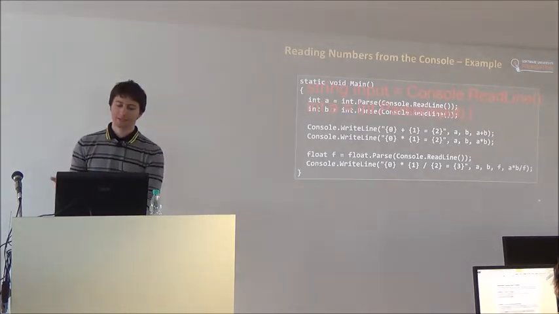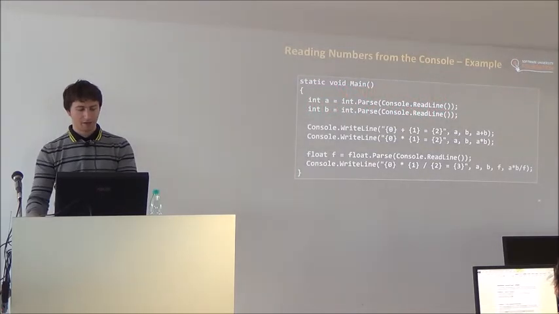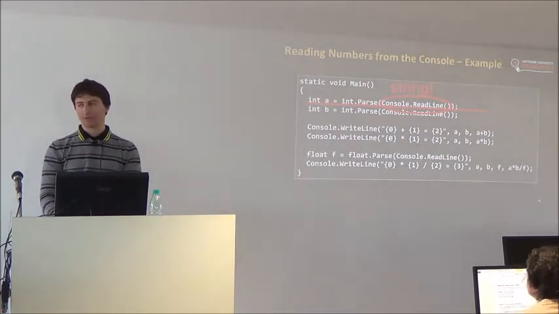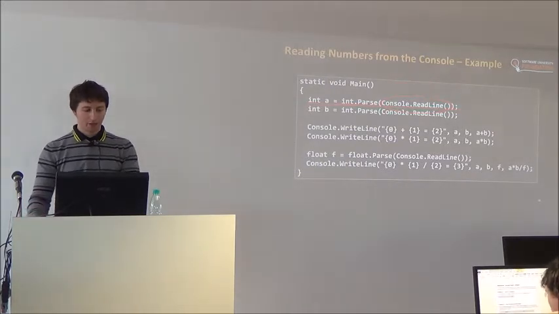You do not have this. Instead, those two lines are combined in one line, which is this one. You have the console read line method inside as a parameter, and this will give you a string, obviously, because console read line always returns a string. Now, whatever you return in this string, you can now parse it. You parse whatever is inside to an integer, and then you return it to a.